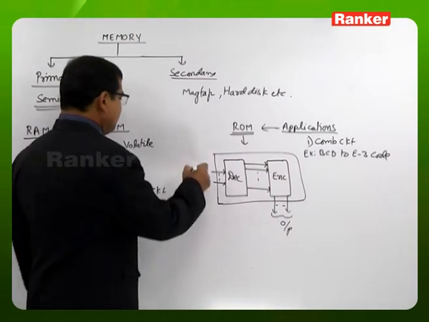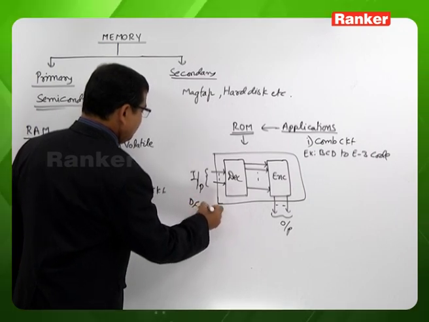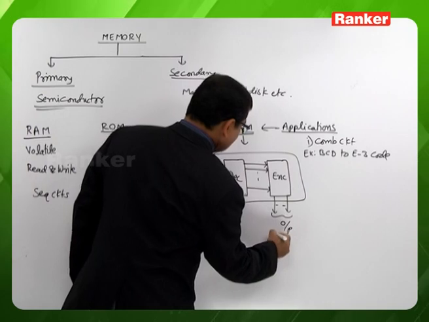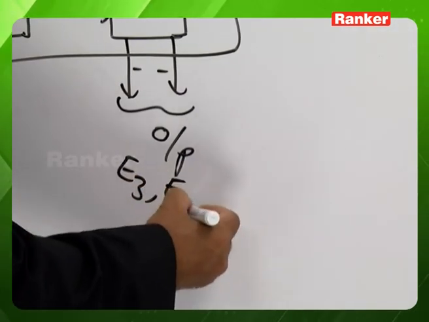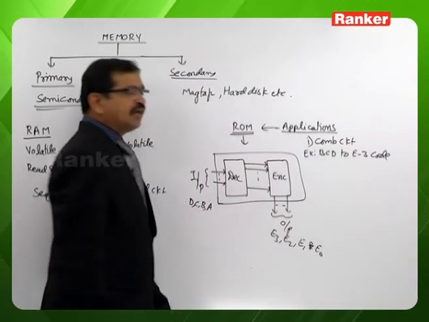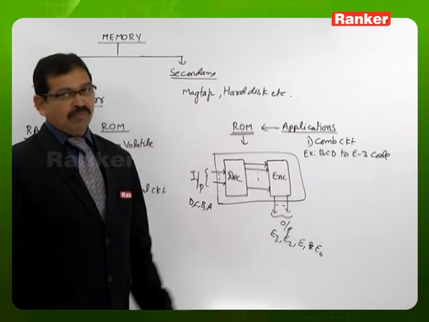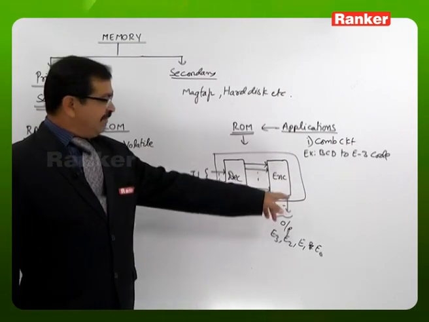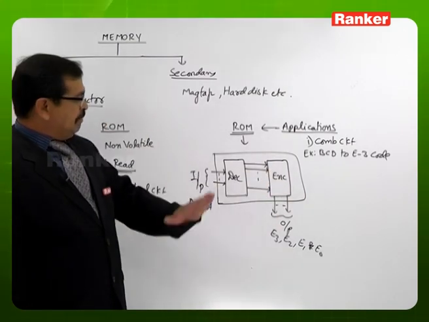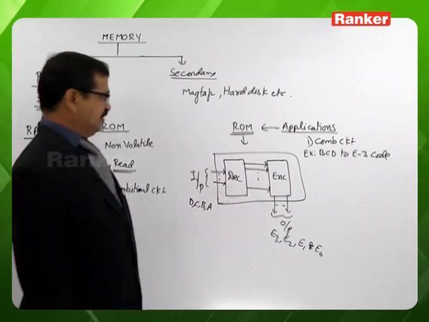The inputs are the BCD data D, C, B and A, and the outputs are the XS3 code E3, E2, E1 and E0. The functional relation needed between output and input is implemented in this encoder block. The masking is done in the encoder block by the manufacturer, in the early days.